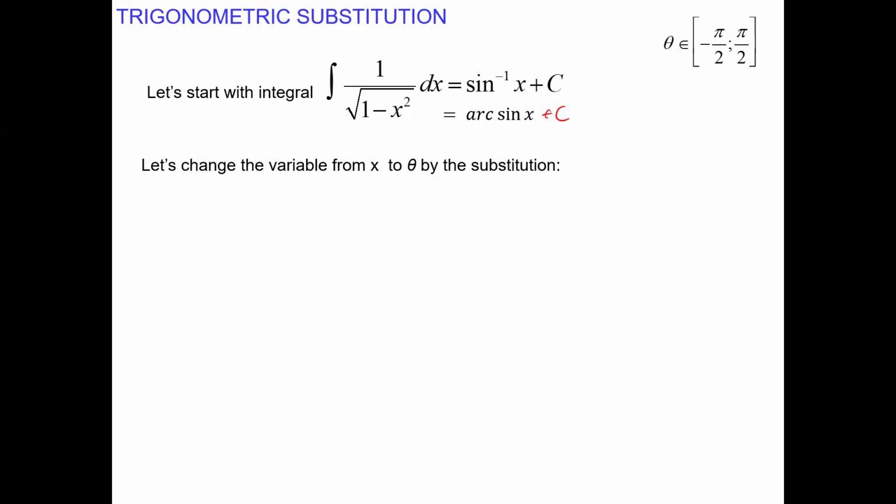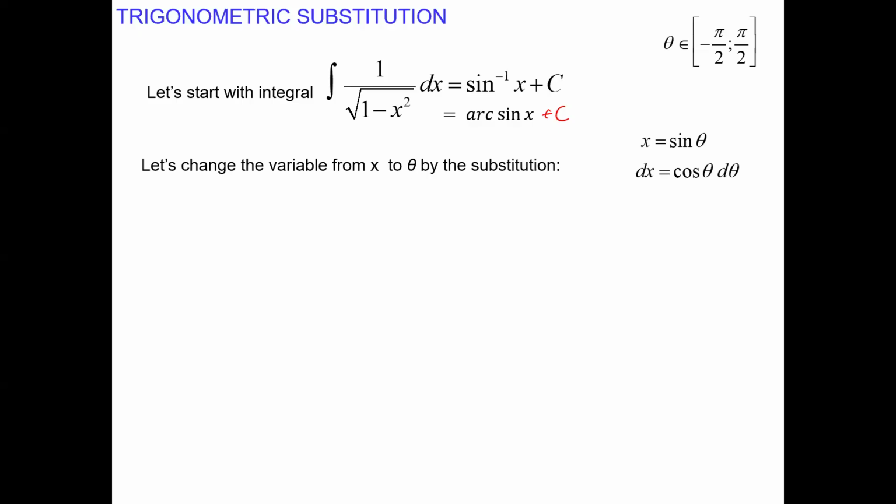In the u substitution, we let u be an expression in terms of x, maybe part of the integrand or slightly modified. Here, we will actually let x be equal to some different function, a trigonometric function in terms of theta. That means in this situation, I will let x be sine theta.